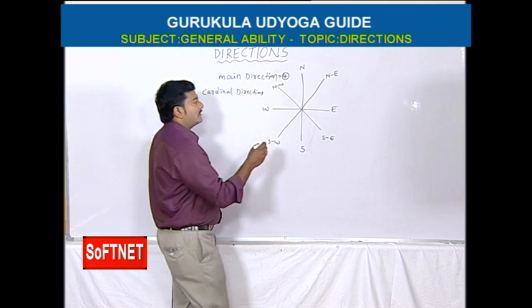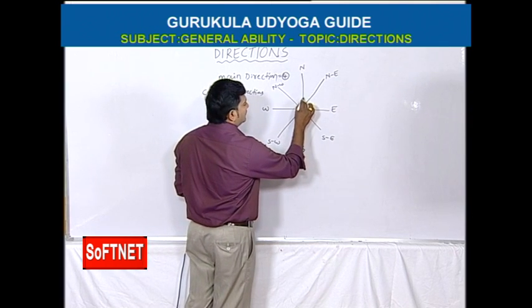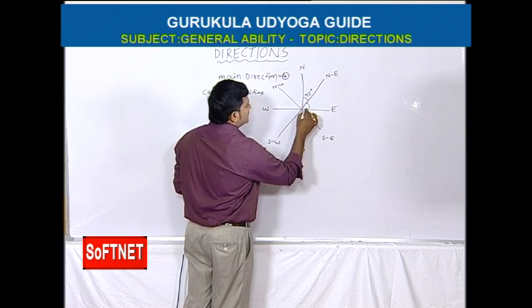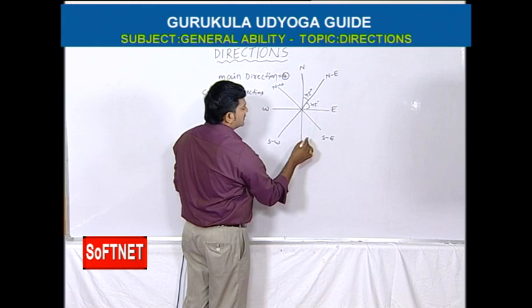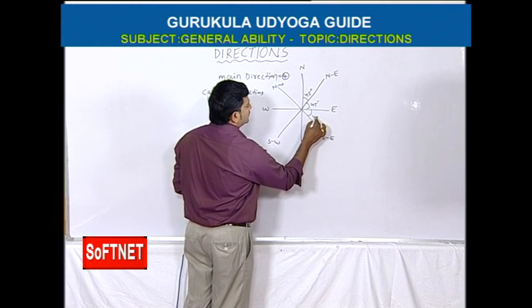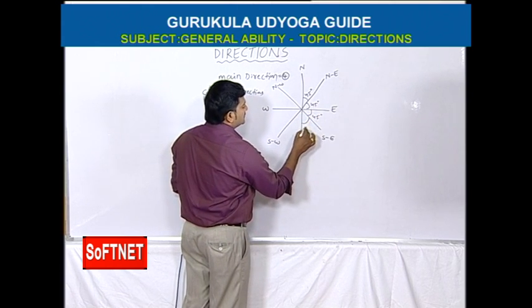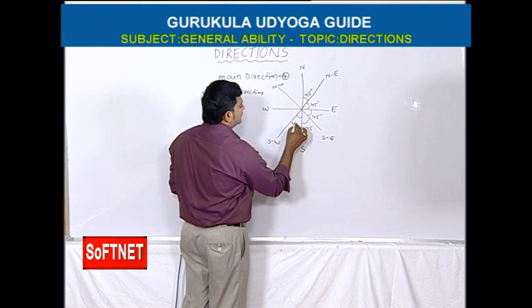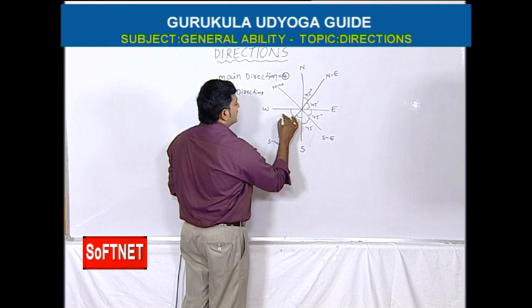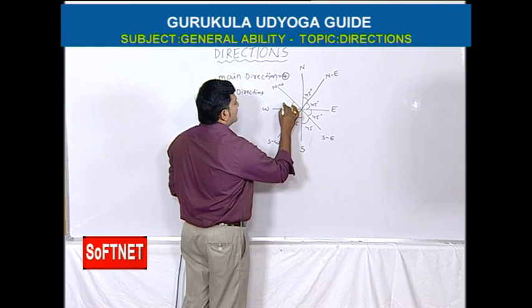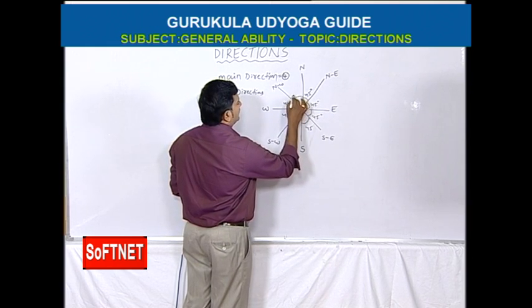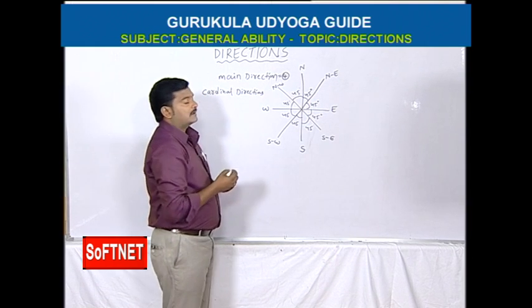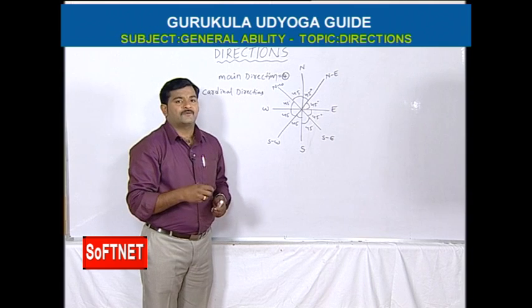The angle between north and northeast is 45, northeast and east is 45, similarly east and southeast is 45, southeast and south is 45, south and southwest is 45, southwest and west is 45, west and northwest is 45, and finally northwest and north is also 45 degrees.